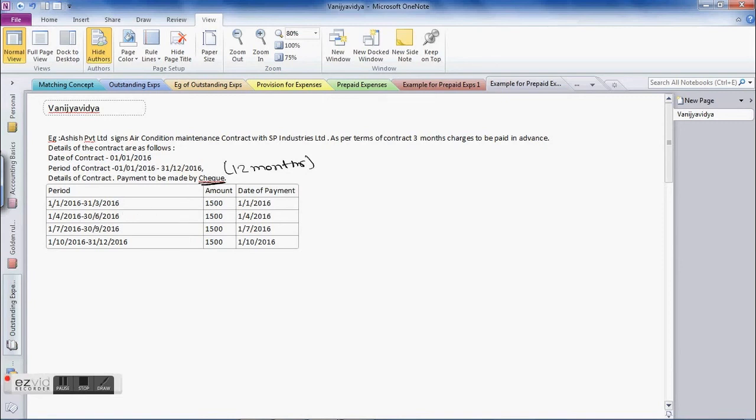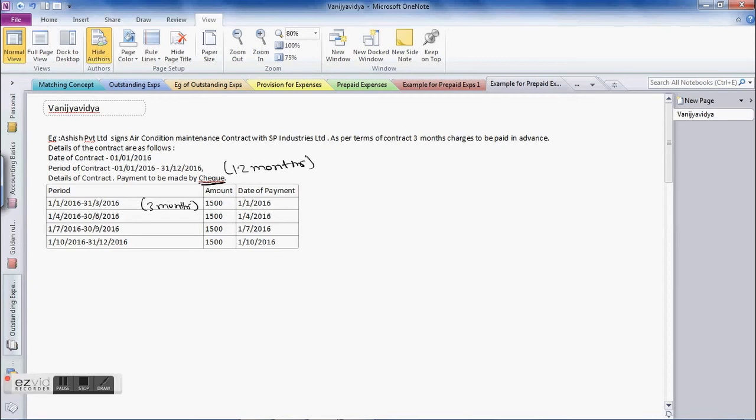Okay. Now period 1/1/2016 to 31/3/2016, that makes it how much? Jan, Feb and March, 3 months. Correct? 3 months. Amount is how much? 1500. And date of payment is 1st Jan 2016. So for 1/1/2016 to 31/3/2016, that is for 3 months, you are paying an advance of 1500 on 1st Jan 2016 itself.